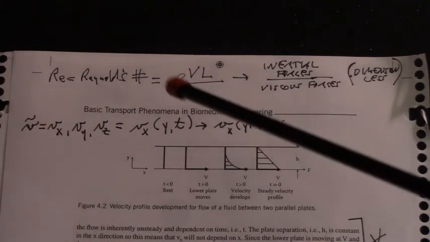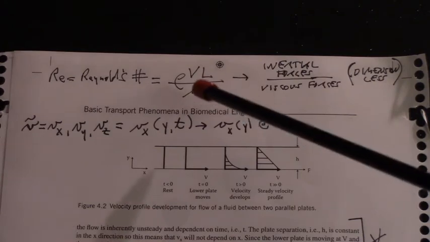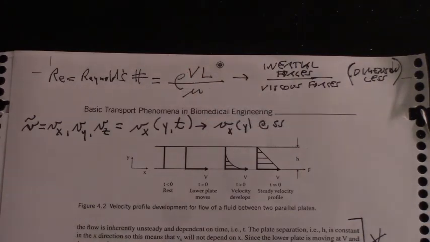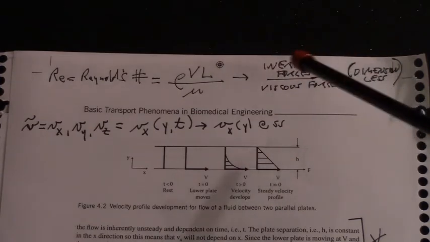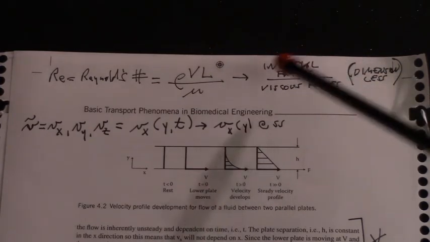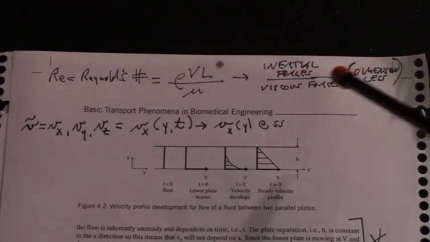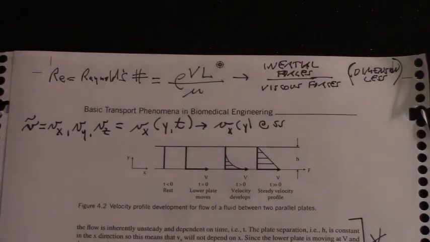You divide that group by mu, recall, which is the viscosity. Physically, it's the ratio within a fluid of the inertial forces acting on the fluid divided by the viscous forces acting on the fluid.